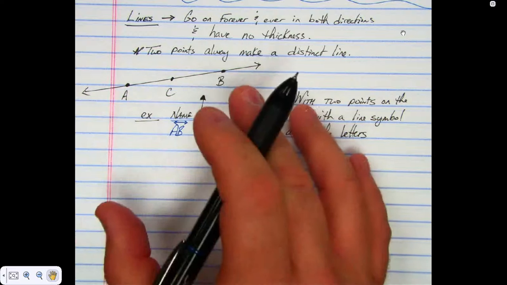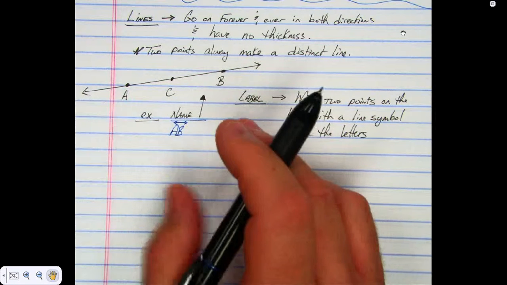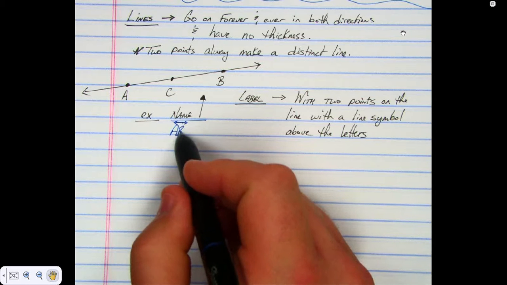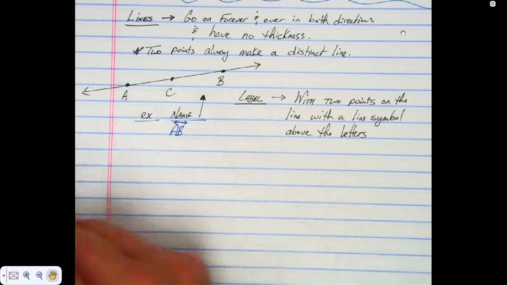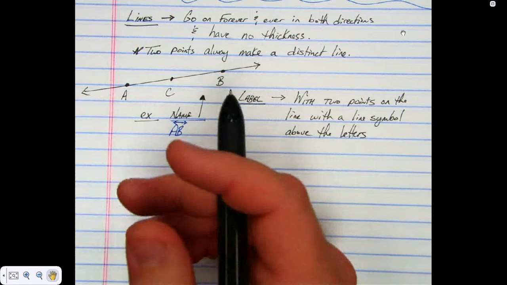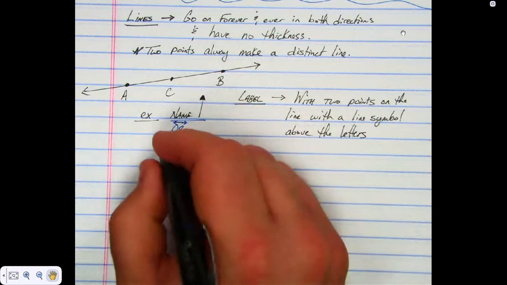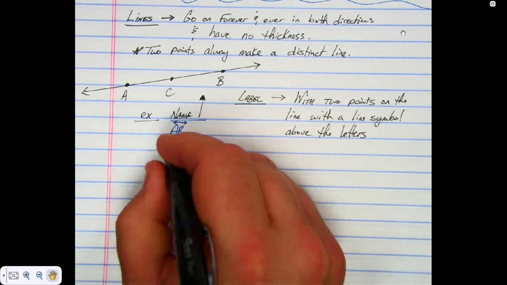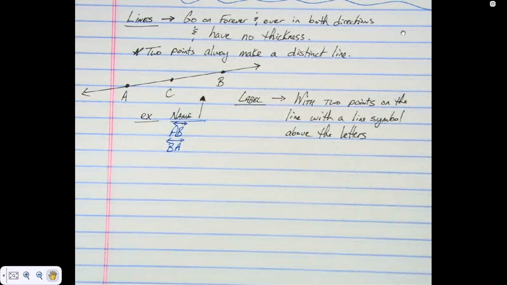If they write this in a question, you don't read that as AB. You read that as the word line, line AB. So when I say, give me another way to name it, a correct answer would be to say line BA, wouldn't it? Is that two points on the line with a line above it? Yes.